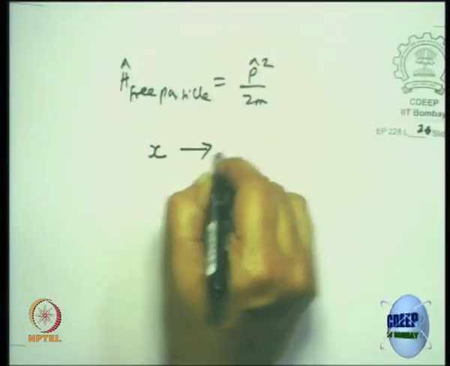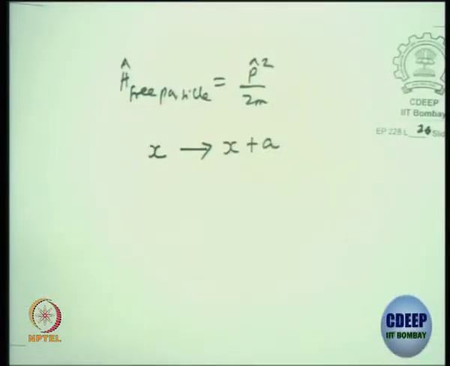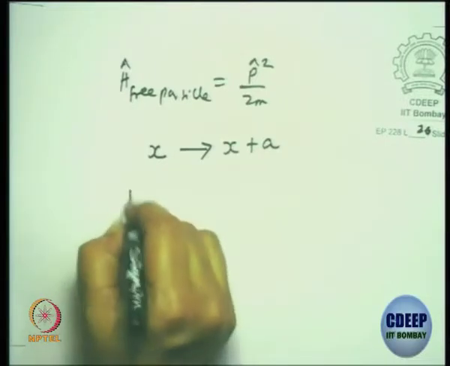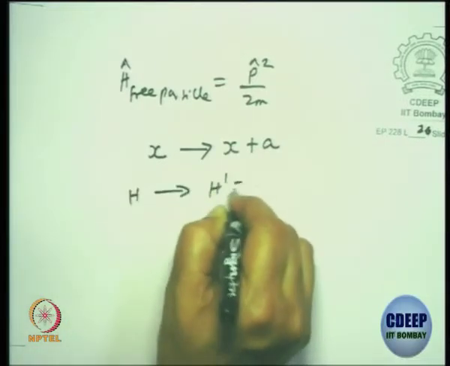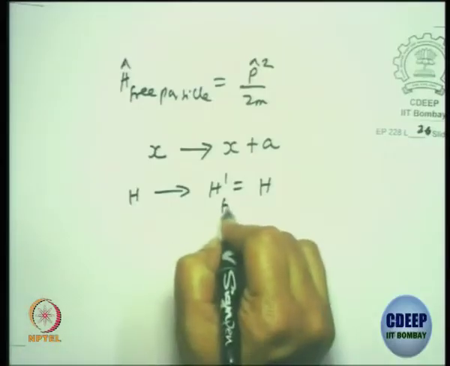Correct? So, if you take the known data, the free particle is p squared over 2m. In quantum mechanics, classical mechanics is just, if you do this transformation in one dimension as x going to x plus a, h goes to h prime, which is h for the free particle.